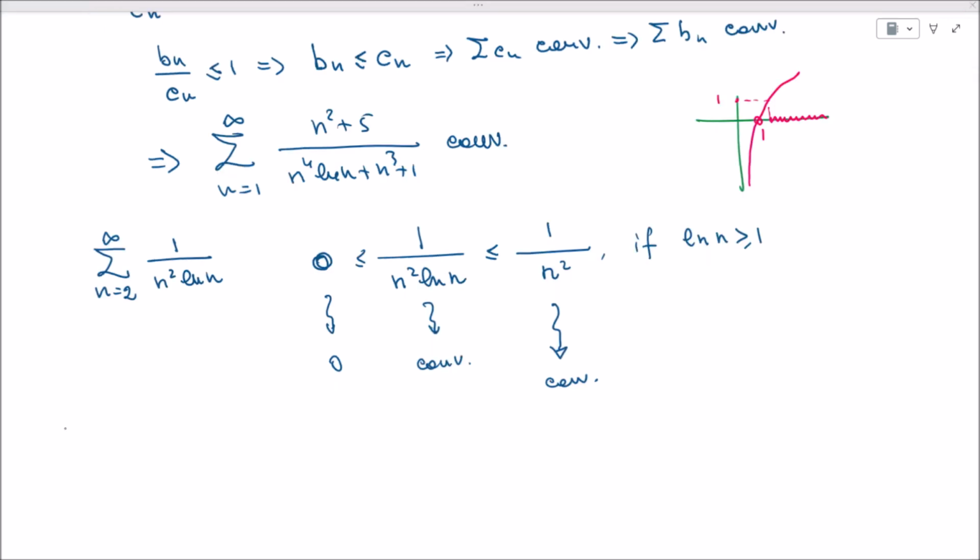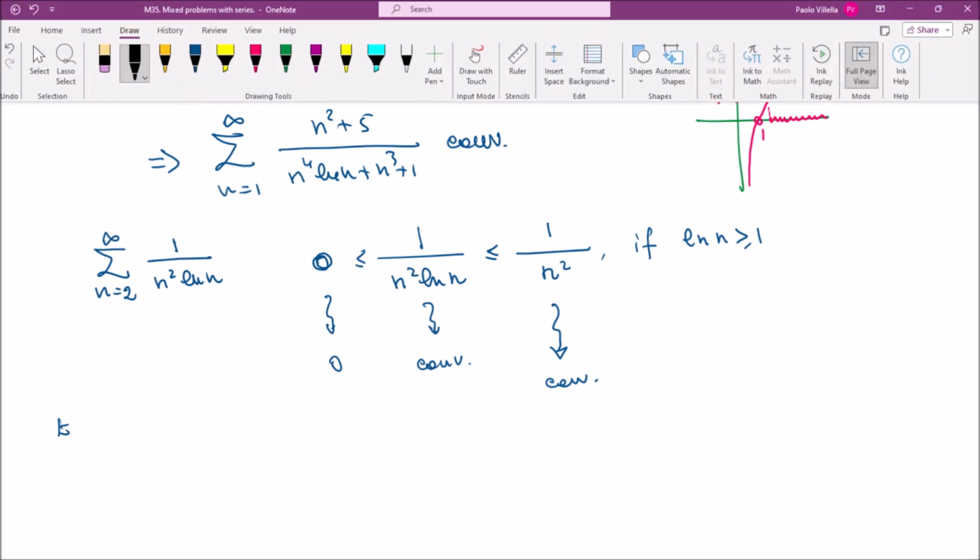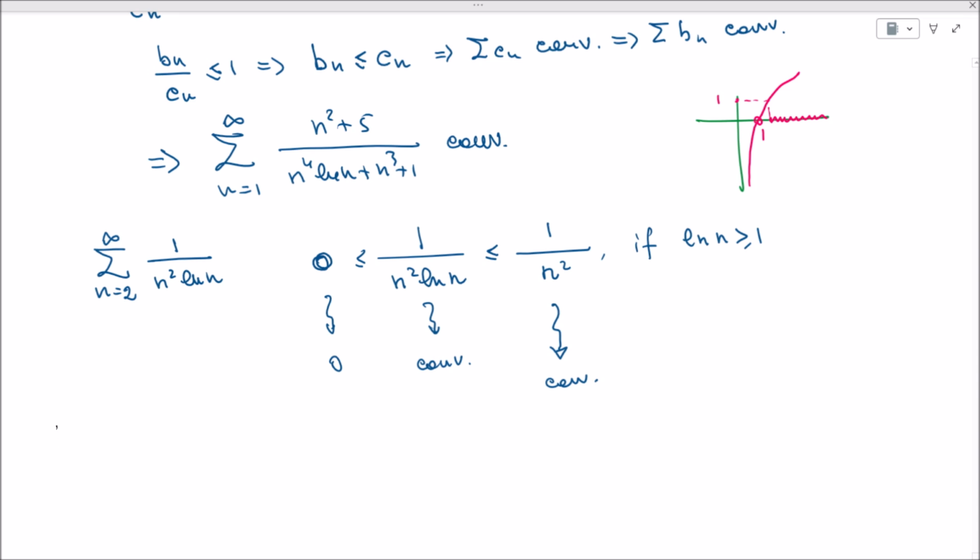Another interesting example is the following. Example 6. Consider this series: sum, n goes from 1 to infinity, of the logarithm of n divided by n squared.